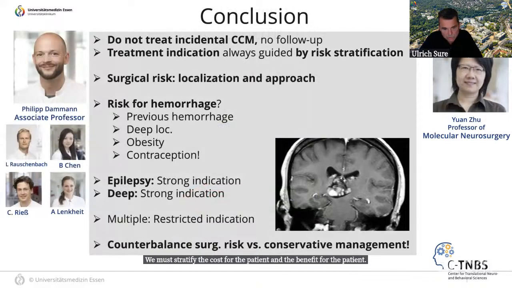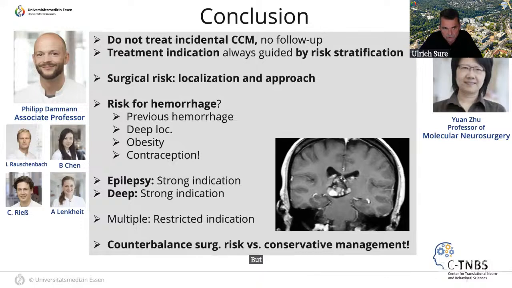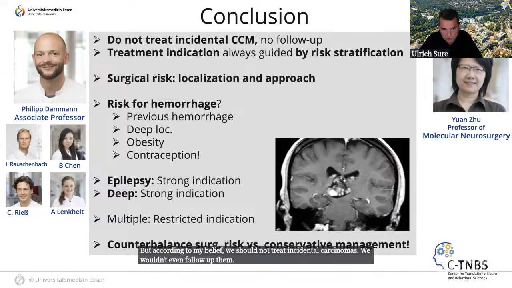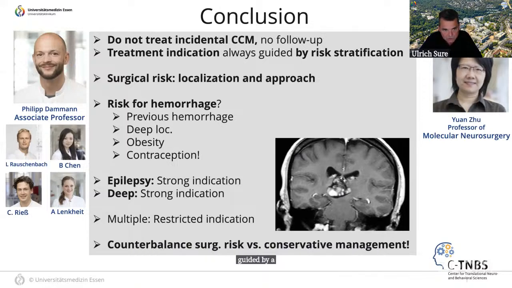So I want to draw a first conclusion before I show you, if you're interested, 3 or 4 more interesting cases, also talking about surgical technique. According to my belief, we should not treat incidental cavernomas. We wouldn't even follow them up. The treatment indications, as I've shown you, should always be guided by a strict risk stratification.